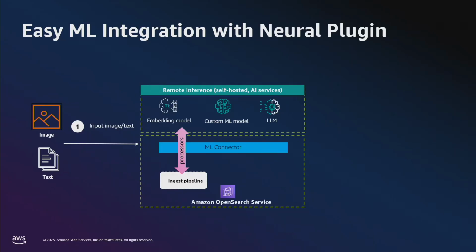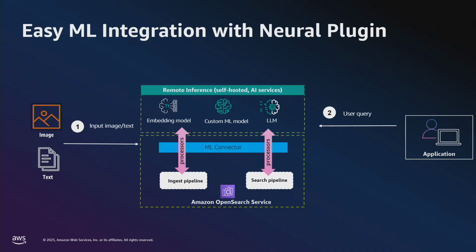With that, you can directly send your raw data to OpenSearch, which talks to the remote hosting models on your behalf, generates the vectors, and stores them in OpenSearch. During search time, we take the natural language query, talk to the models hosted remotely, generate the vectors, and perform the nearest neighbor search to get back the results.